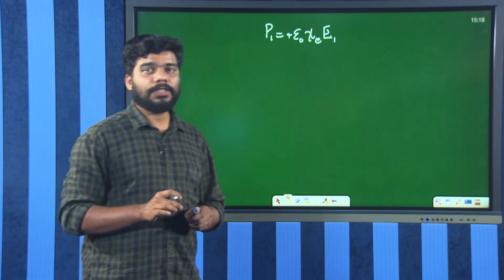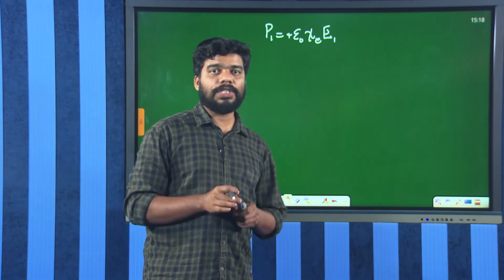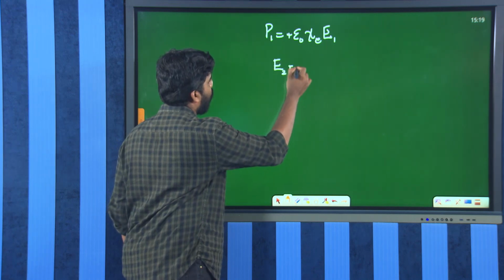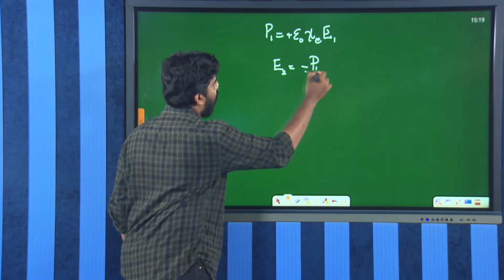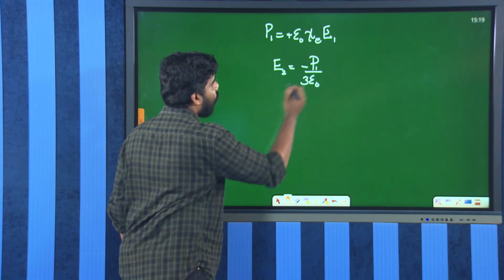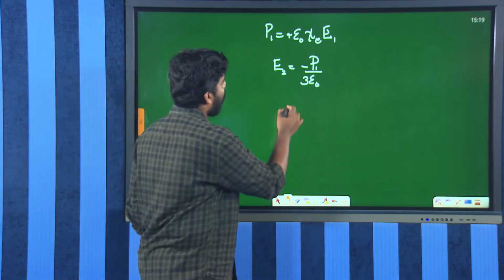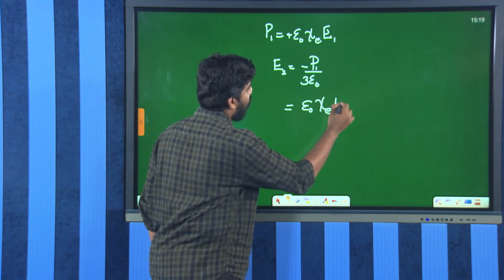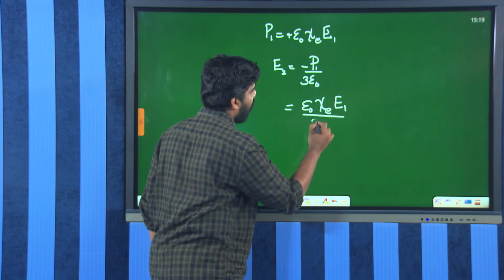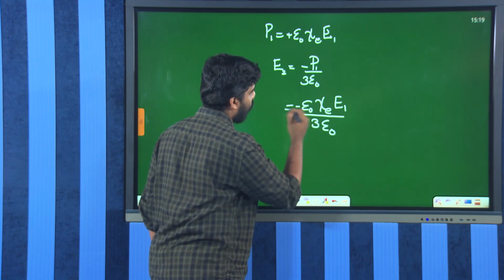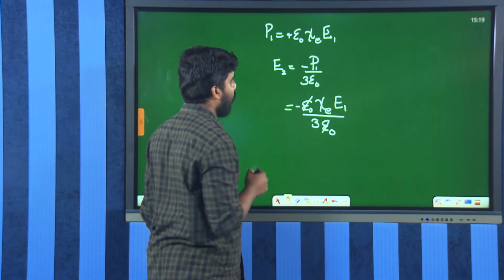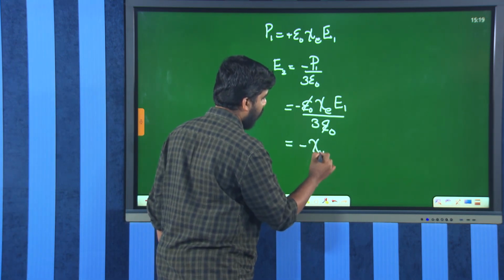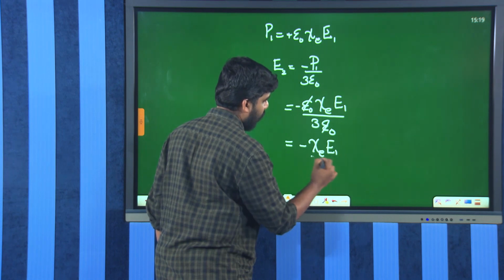This P1 induces its own electric field, which is given by E2 is equal to minus P1 by 3 epsilon 0. So again, what is P1? P1 is equal to epsilon 0 chi e into E1, divided by 3 epsilon 0. And here also epsilon 0 will cancel, which gives minus chi e E1 by 3.